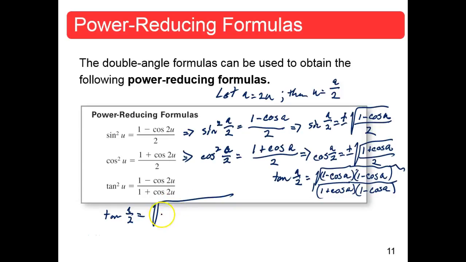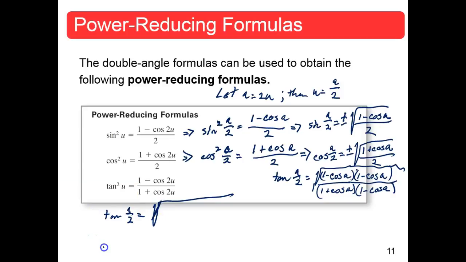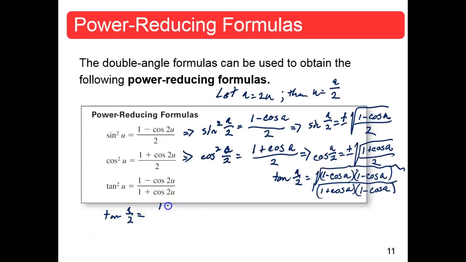The square root of that loses the square root. So there I wrote it, and I don't need it. Whoa! It won't erase either. Okay, so just write that as 1 minus cosine A over.